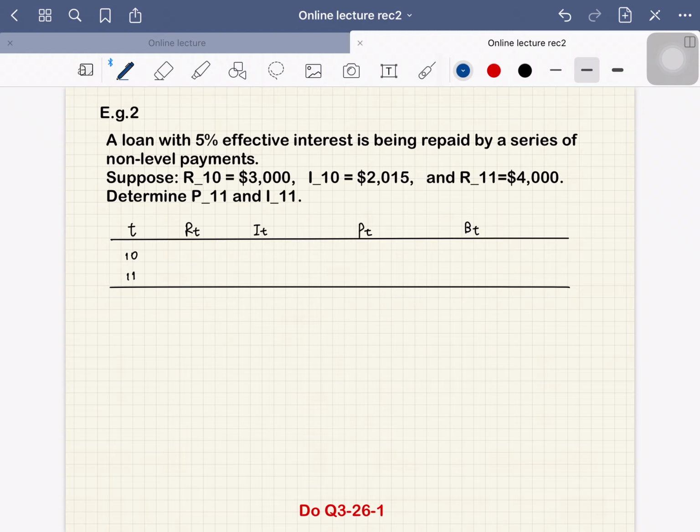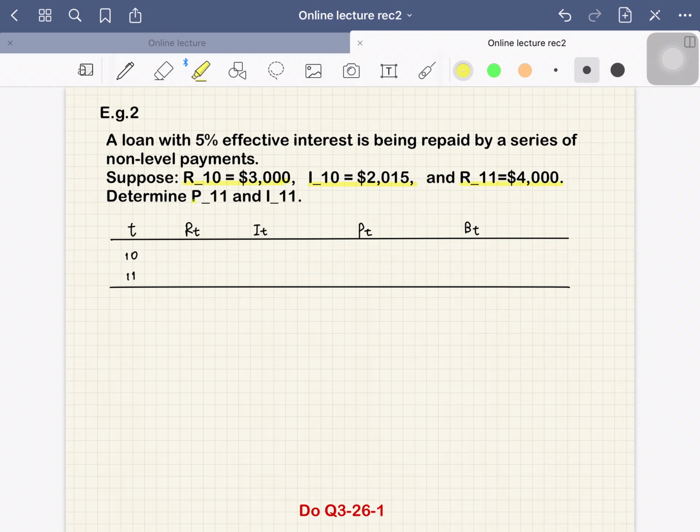Okay, so next example. A loan with 5% effective interest is being repaid by a series of non-level payments. But we only have partial information. Suppose the total repayment at 10th year is $3,000, interest is $2,015 out of this $3,000, and total repayment for the next year, 11th year, is $4,000.